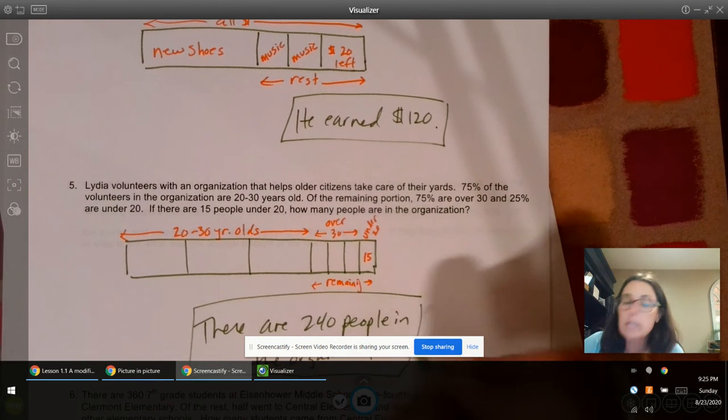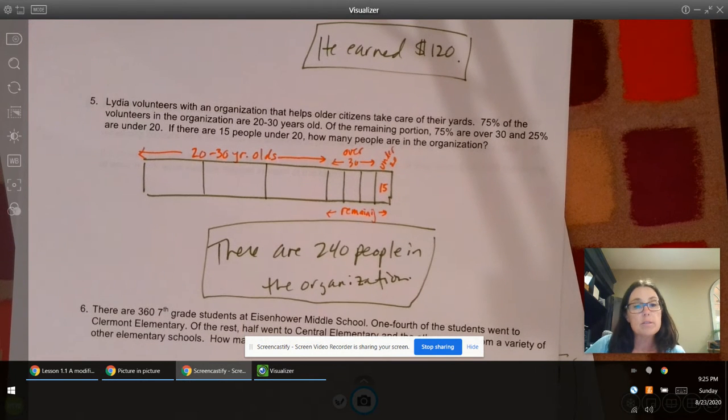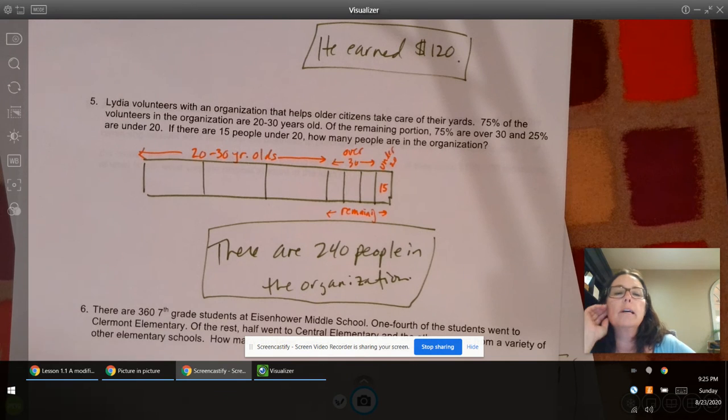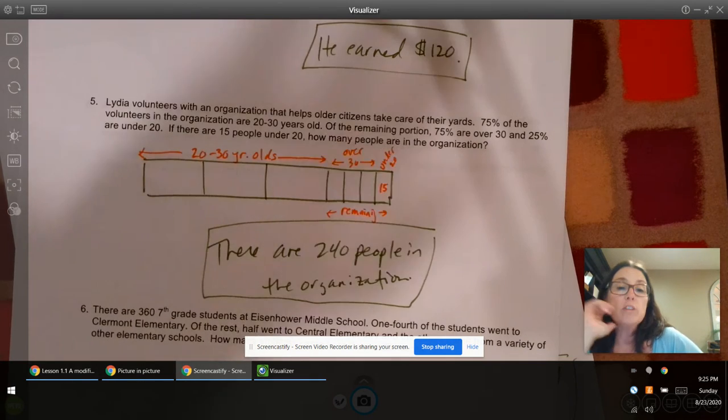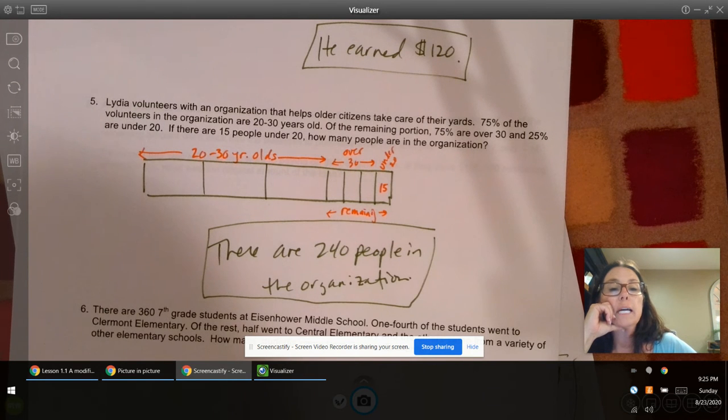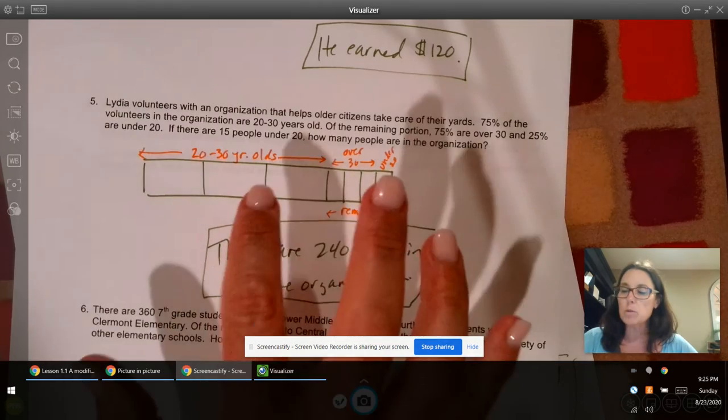Okay, the really cool thing about bar models is you can label it all up, and I could ask you on a test those 4 questions I asked you. Okay, and all of them can easily be answered with this one model.